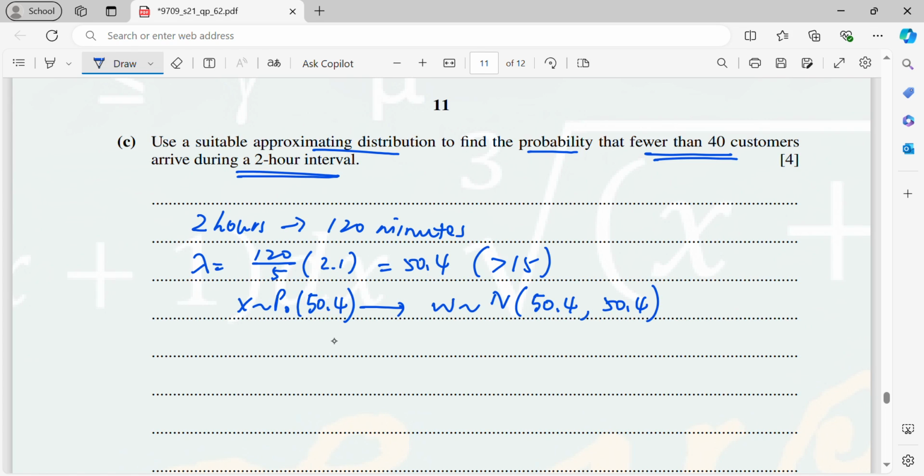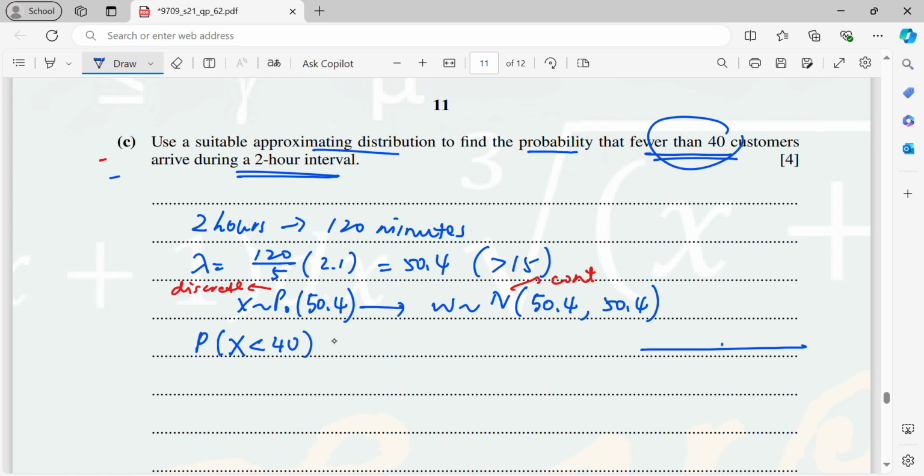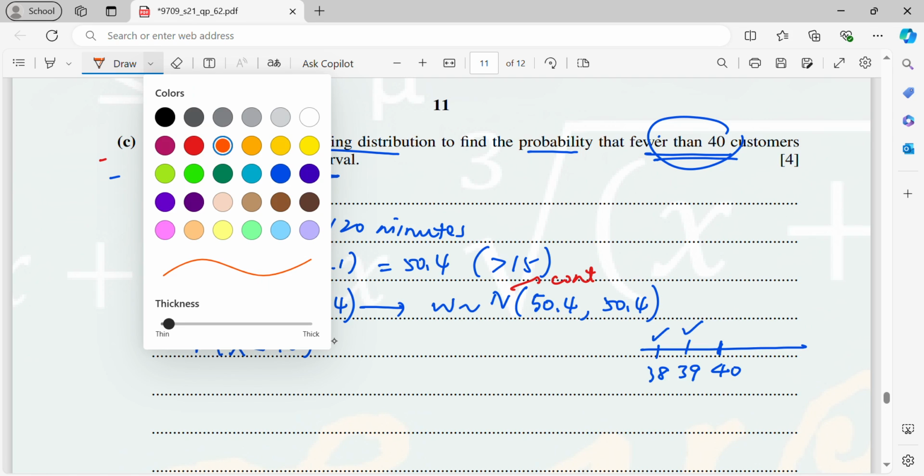Then I will write P(X less than 40). Remember, Poisson is discrete and normal is continuous, therefore the continuity correction is needed here. Fewer than 40 means up to 39, and we are allowed to plus or minus 0.5 from 40.